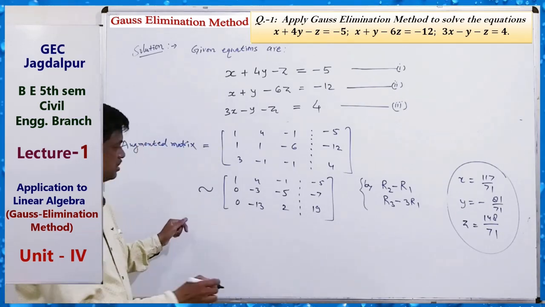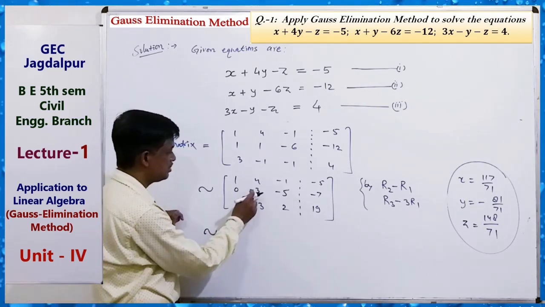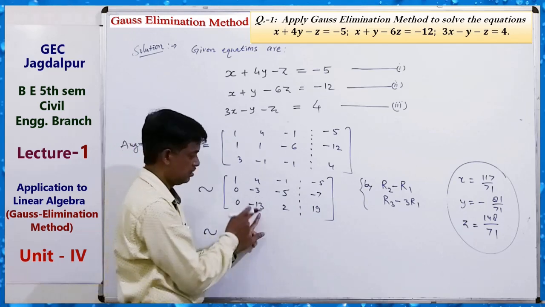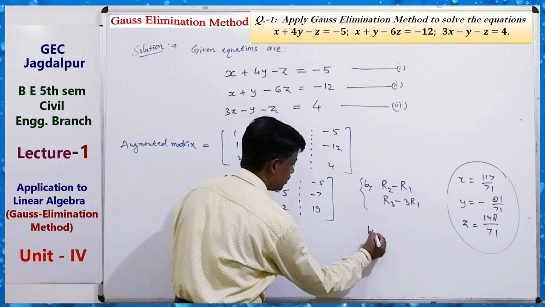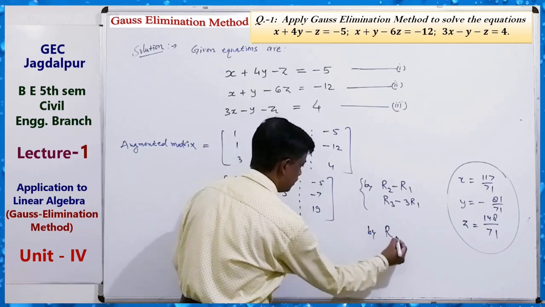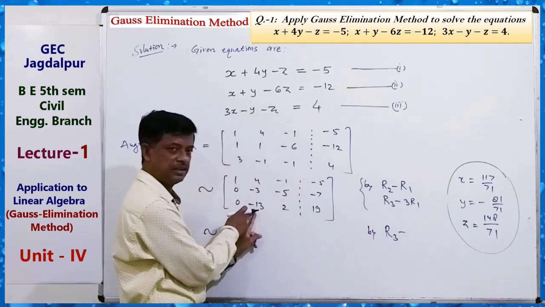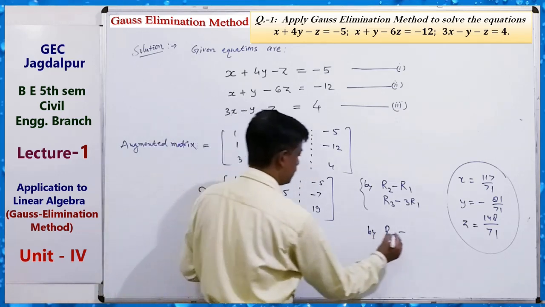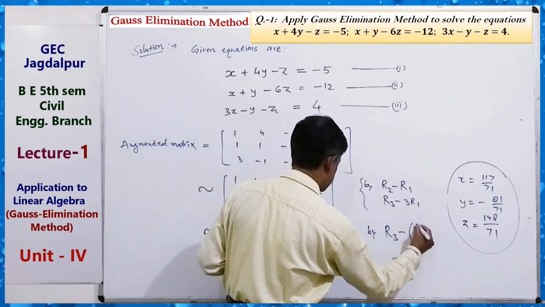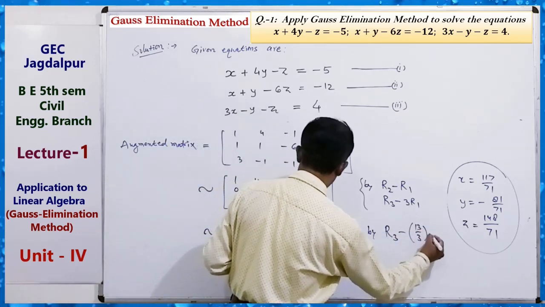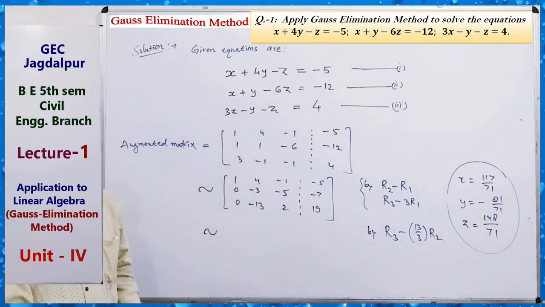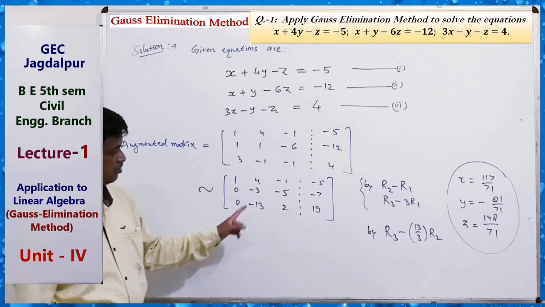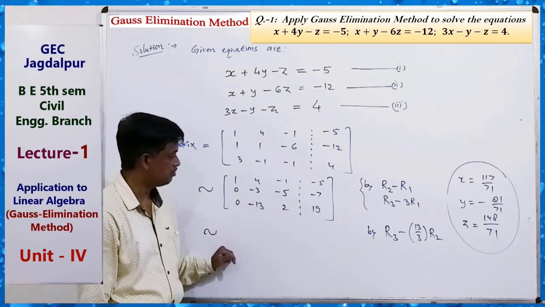And the second step: by using this, it should be 0. So R3 minus 13 by 3 R2. By using this you can see 3 cancels, 13 minus 13.